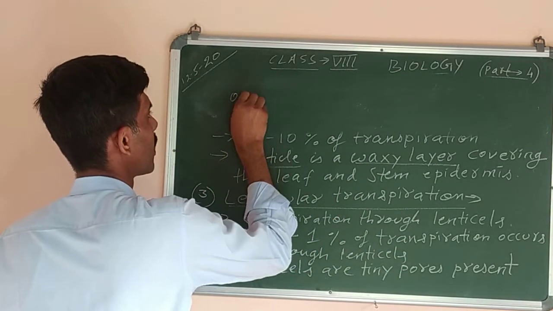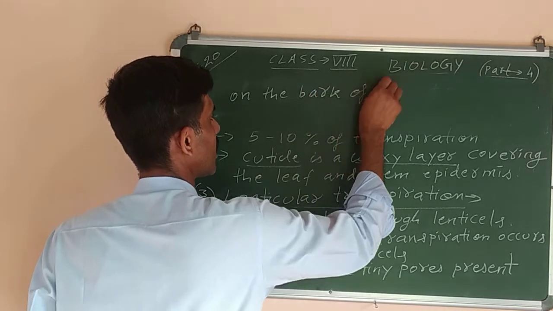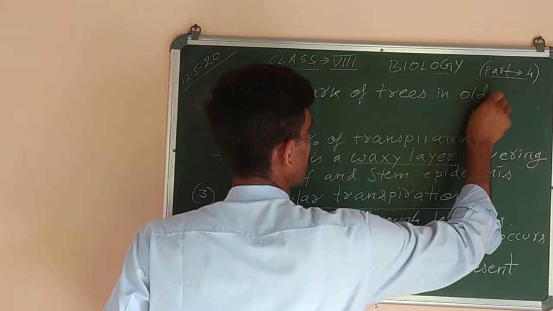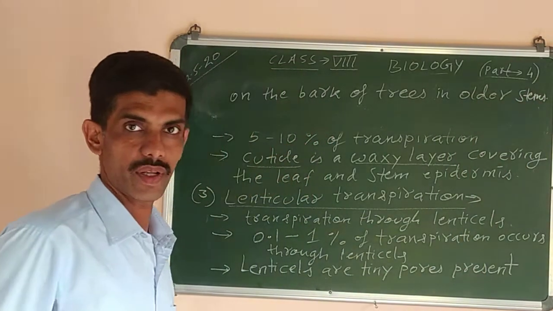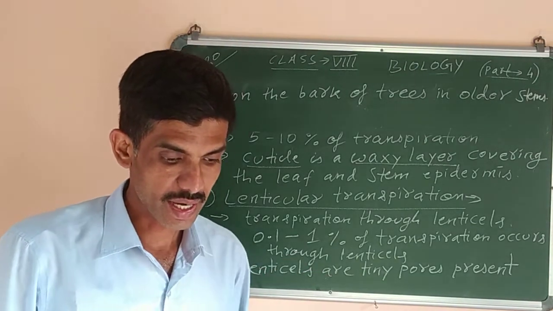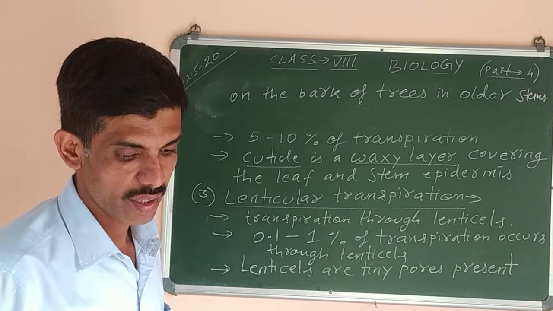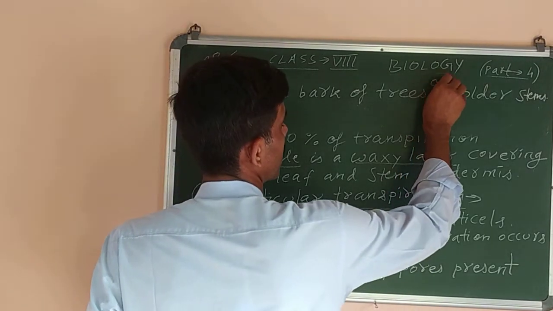Okay, so what is the definition of lenticels? Lenticels are the tiny pores which are present on the bark of the trees or in the older stems.